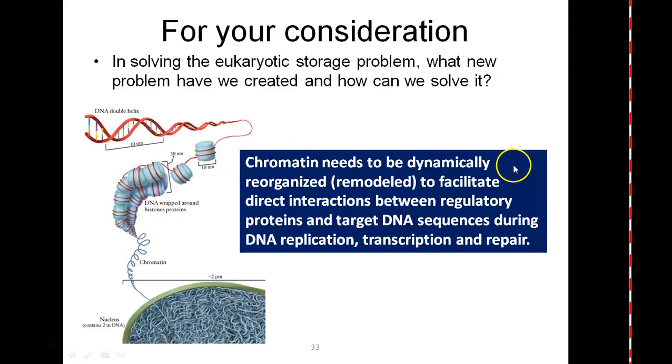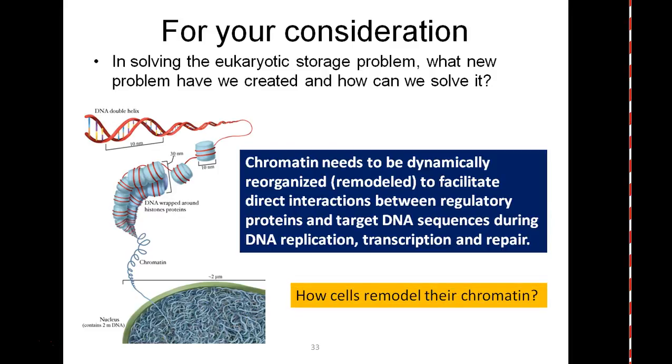So chromatin needs to be dynamically reorganized or remodeled, to facilitate direct interaction between regulatory proteins and target DNA sequences during DNA replication, transcription, and repair. So even though our chromatin is highly organized, it's not static. It's at the same time highly dynamic.